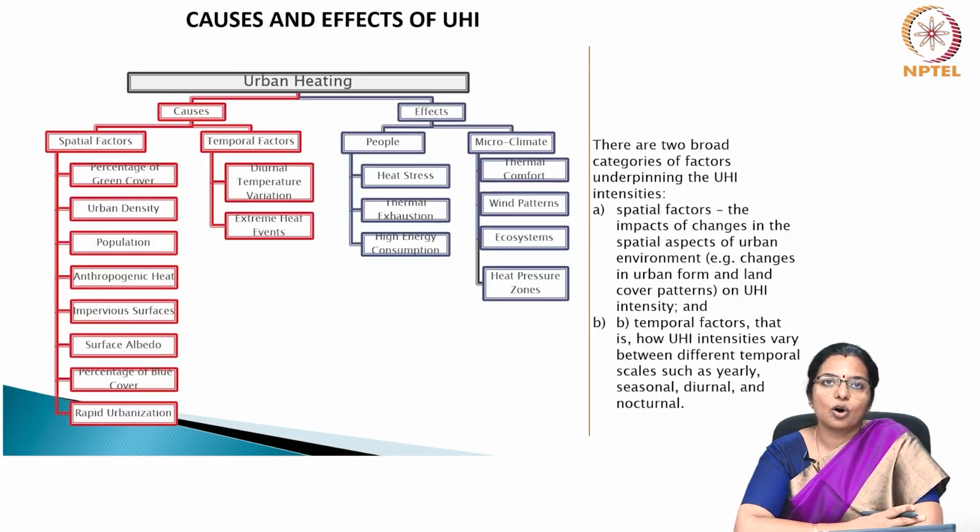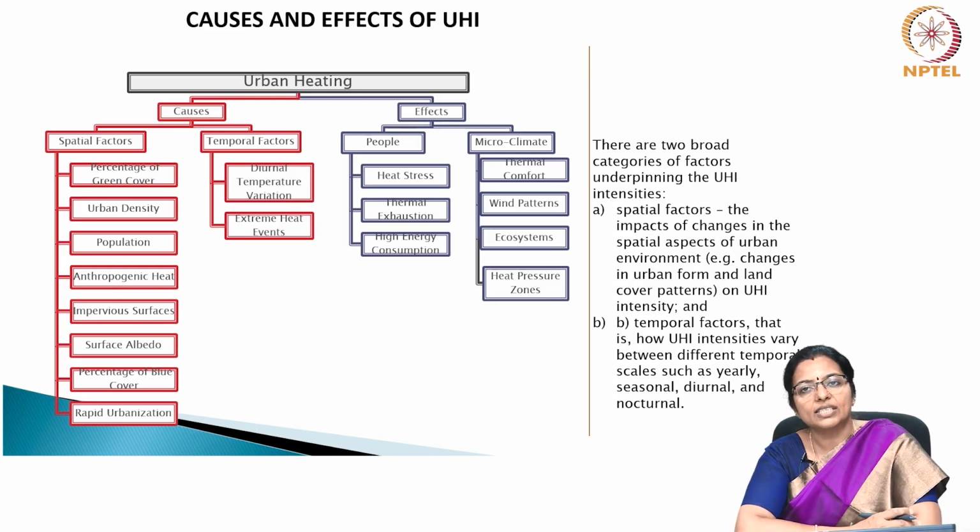Let us look at the causes and effects of urban heat island. There are two broad categories of factors underpinning the urban heat island intensities. First is the spatial factor. The impacts of changes in the spatial aspects of urban environment, such as changes in urban form and land cover patterns, on urban heat island intensity is studied as a spatial factor.